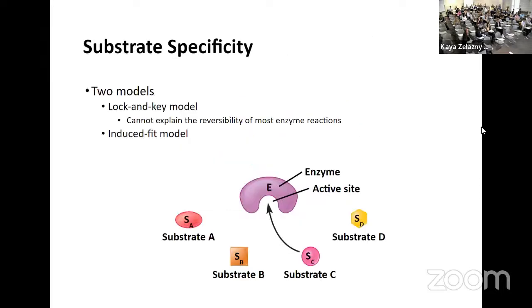Now we're going to look at the shapes of the enzyme and how that really works. The simple model that people like to use, which I do think, despite the fact that it's not exactly right, is really helpful for understanding an enzyme, is that enzymes work kind of like a lock and a key.